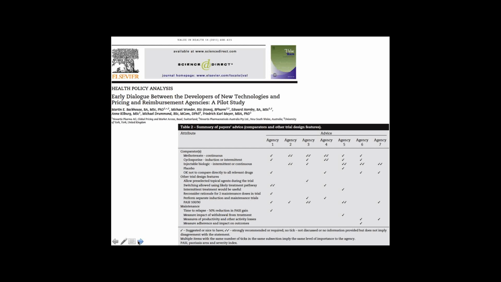This is the first case study that we chose to present because it's a report from one manufacturer seeking this multi-country HTA advice back in 2008. This article is unique in the sense that not many developers would like to share this type of experience, so it was a kind of pioneering effort.